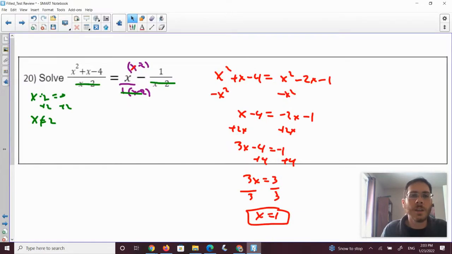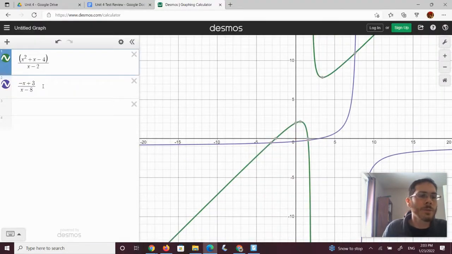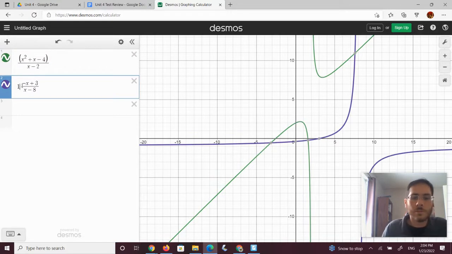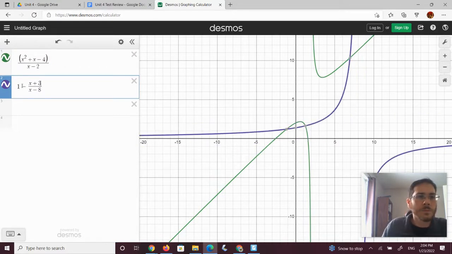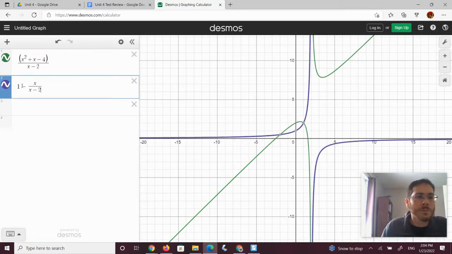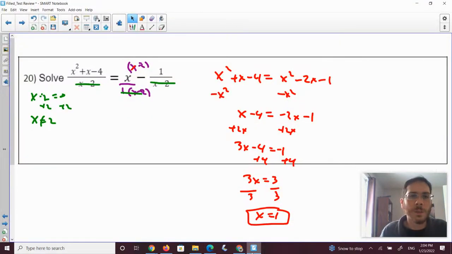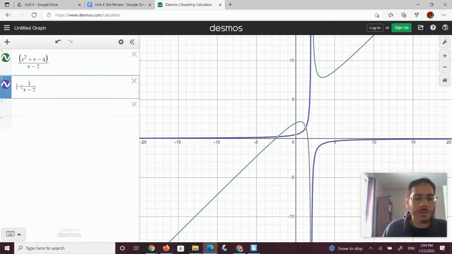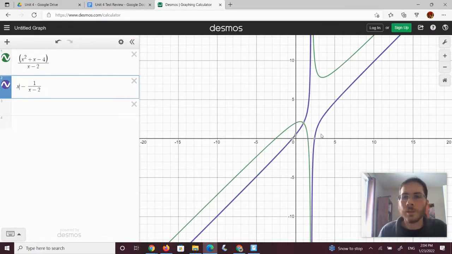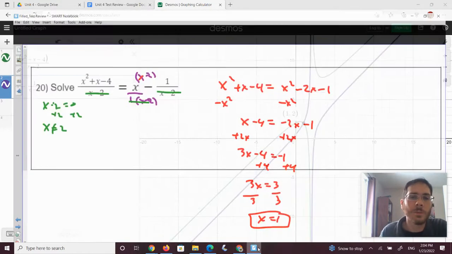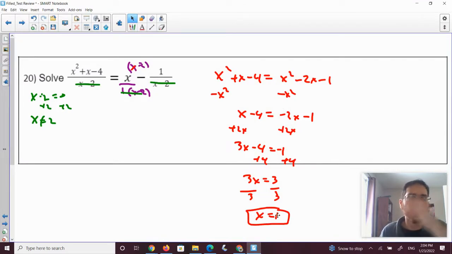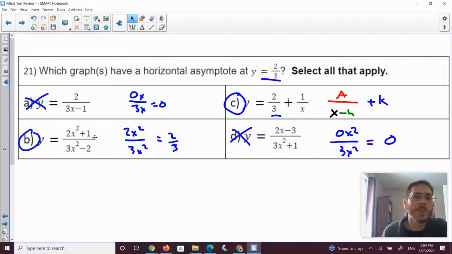Other side is x minus 1 over x minus 2. There we go. And again, we can see, yep, those two asymptotes definitely line up, but our intersection's here at 1. That's what we get. We get x equals 1. We also see the vertical asymptote, so we know that x should not be 2.